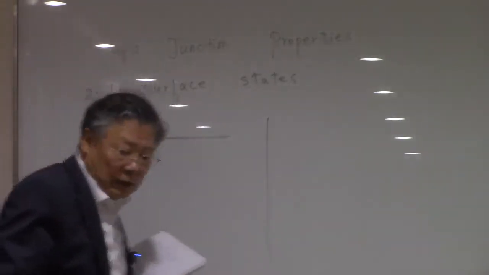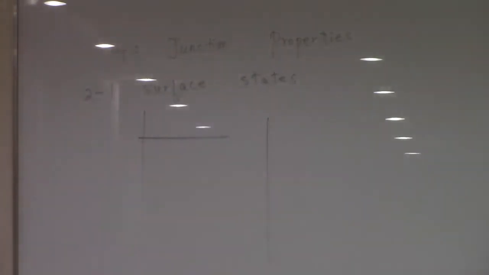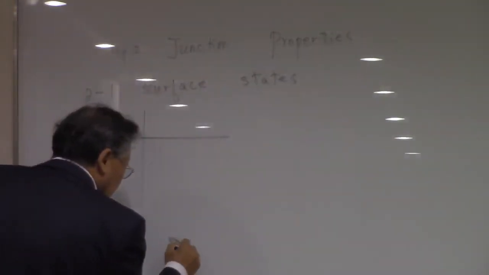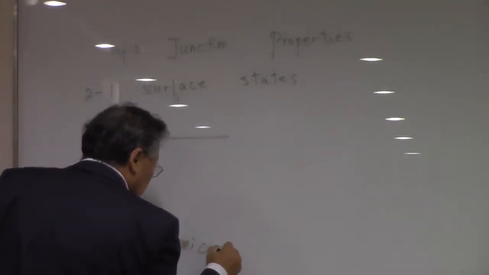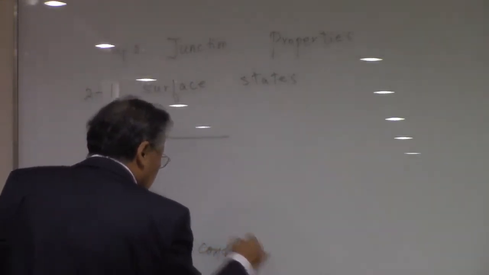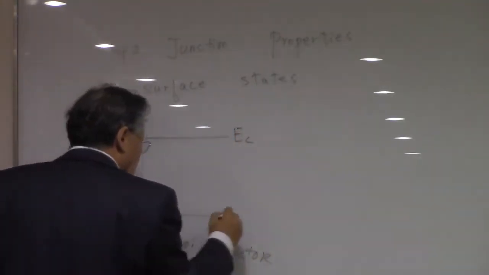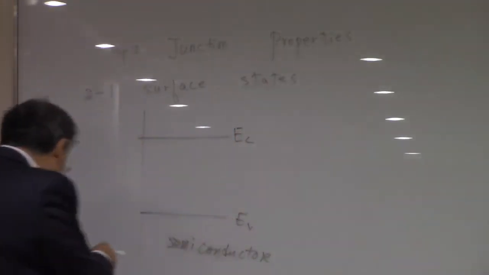Normally, what we can see is that if it is a semiconductor, then we're going to have a conduction band and the valence band, something like this.